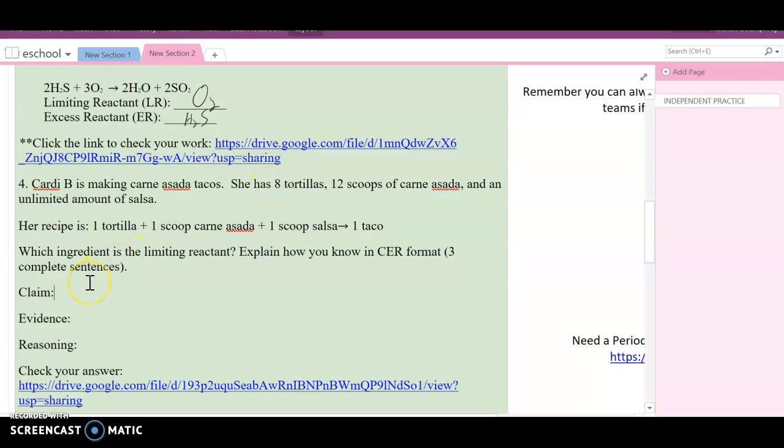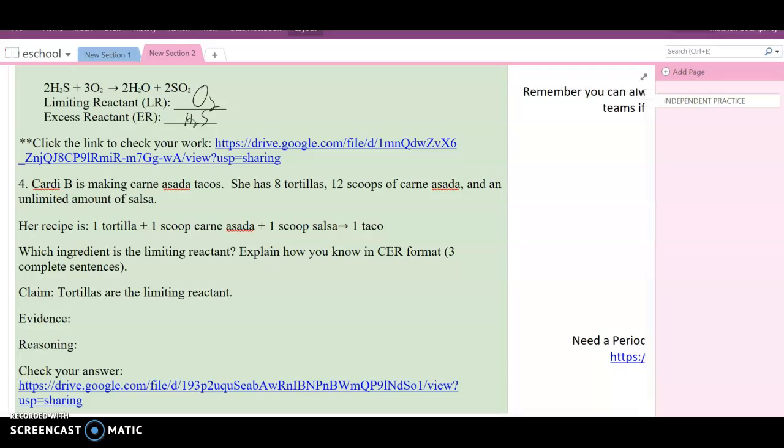So that's going to be my claim. Remember, claim is one sentence. And again, this is the first time I'm seeing this, so you can see my thinking. Claim, which is the limiting reactant: tortillas are the limiting reactant. My evidence. This is where I don't necessarily like this problem, because it doesn't always come out to be the smallest number.